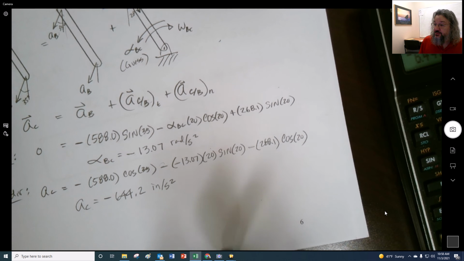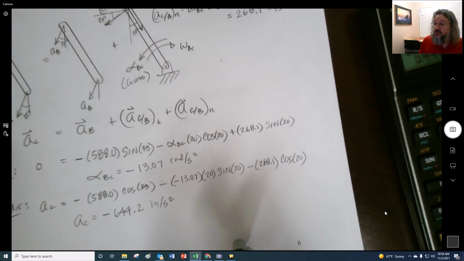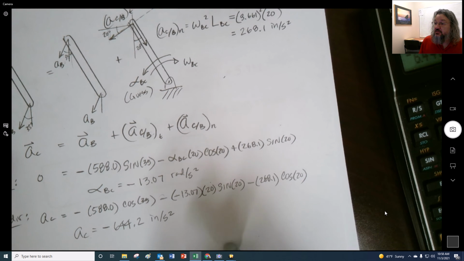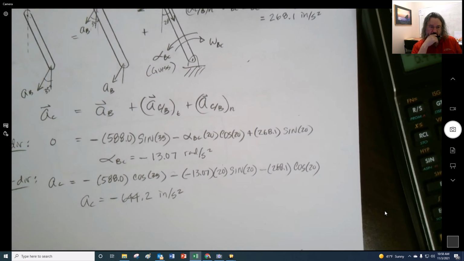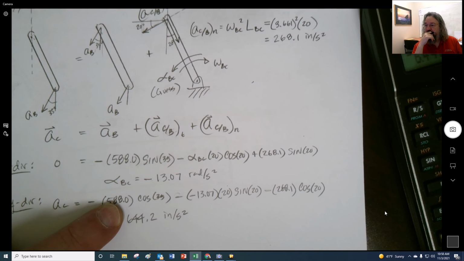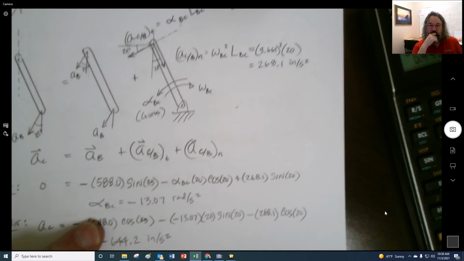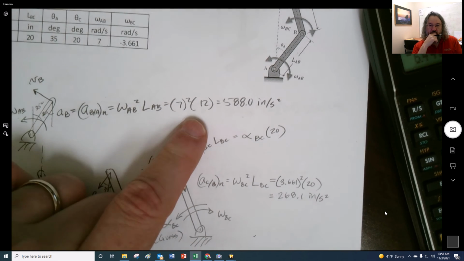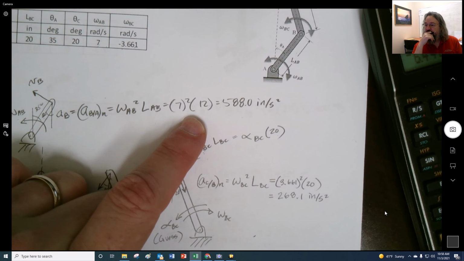And I'm a little concerned that I didn't get what I expected out of this. One second here. Let me double check everything that I have. All right, so this is down. I'm okay with that. I might have made a mistake up here at the very top. Did I make a mistake? Acceleration.